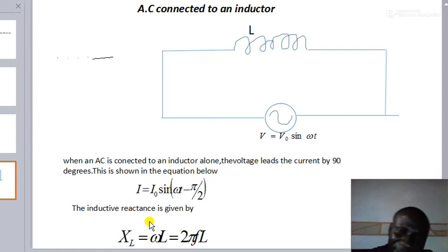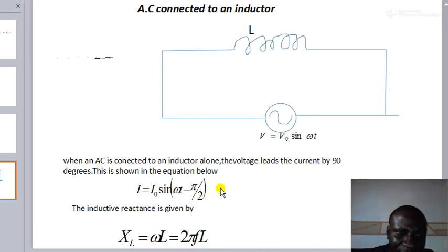This property of the inductor that tends to oppose the flow of current in an electric circuit is called the inductive reactance. It is just like a resistance, directly analogous to the capacitive reactance, but it is generated in the system by an inductor.